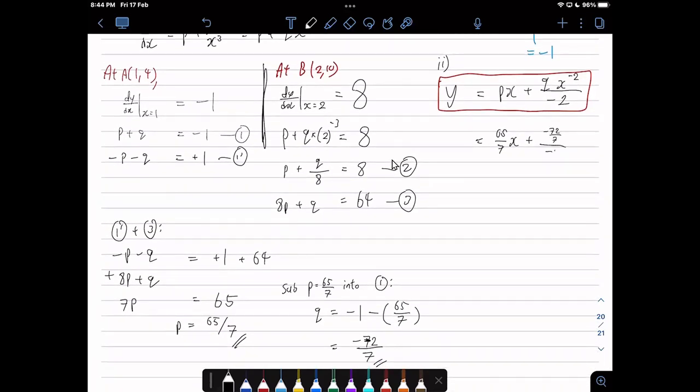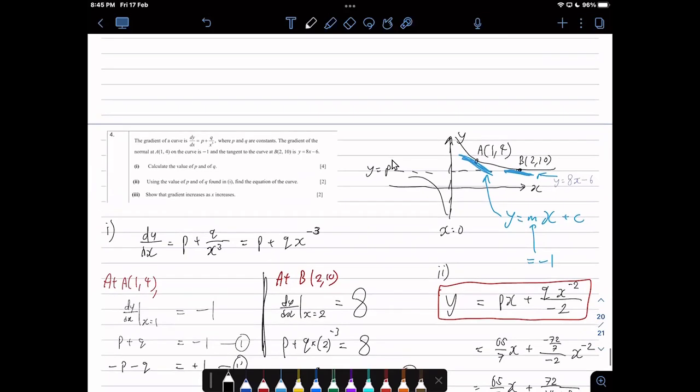You divide by -2 times x power -2. Simplify. Negative over negative is positive. 72/7 divided by 2 means 72/14 x power -2. To make it look even nicer, can bring the x to the bottom. Is that okay? Yeah. That's part 2.